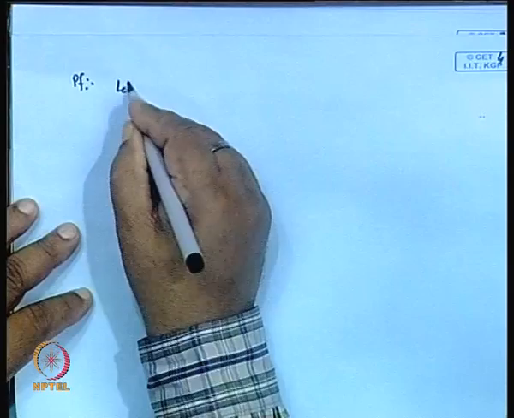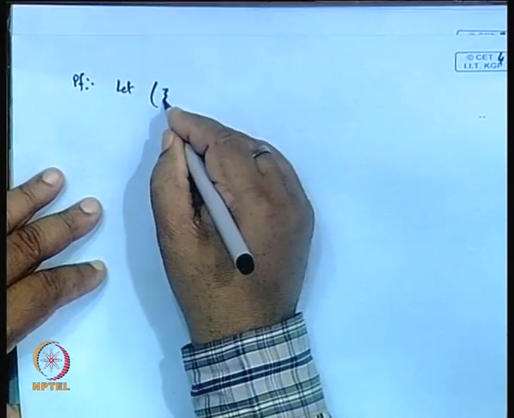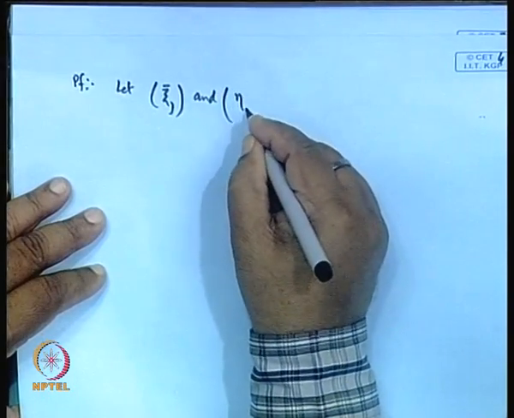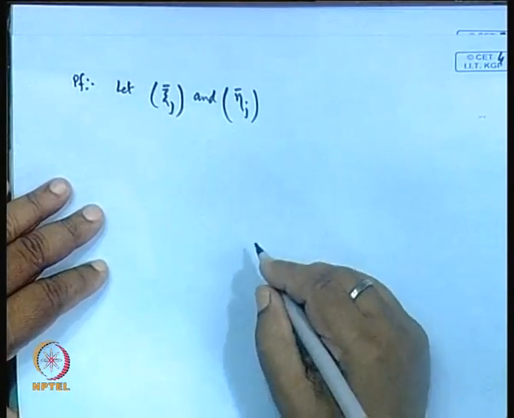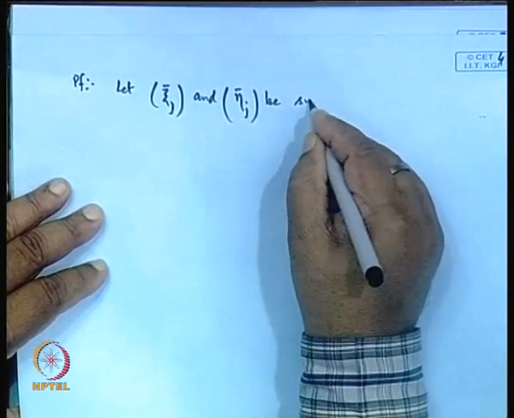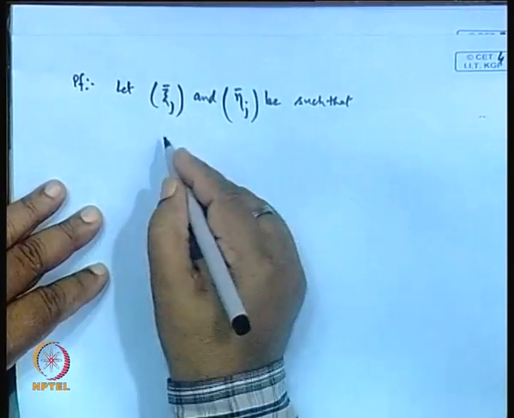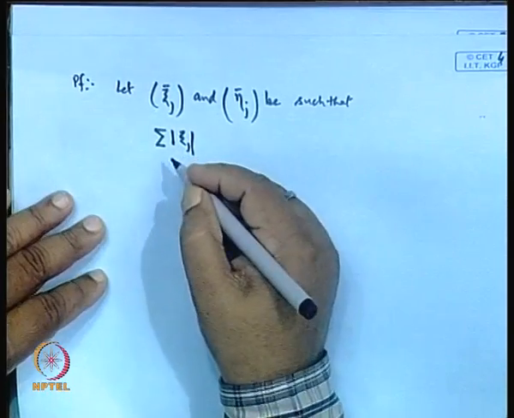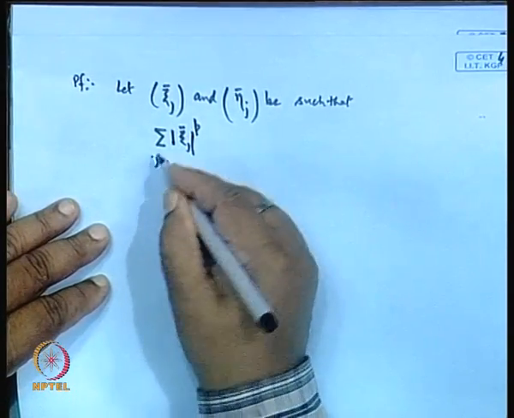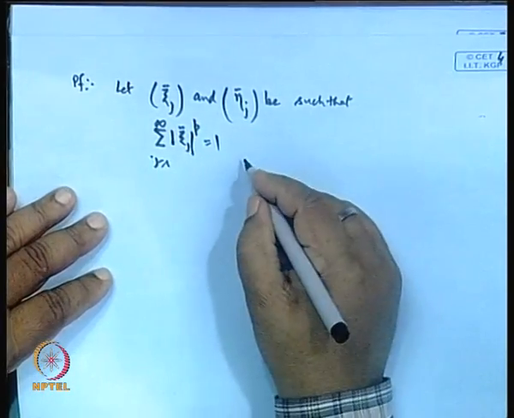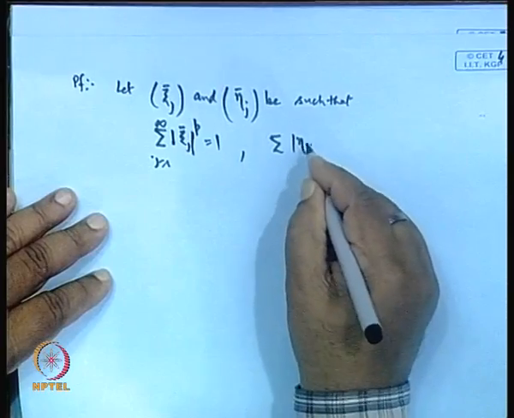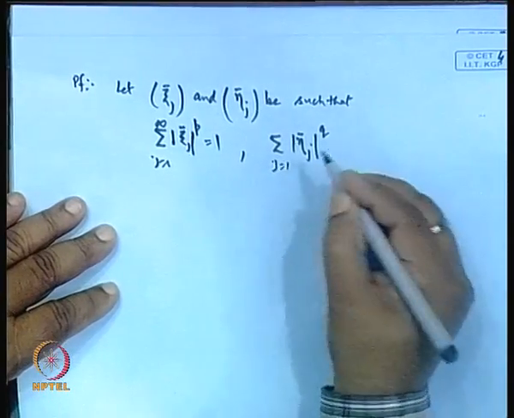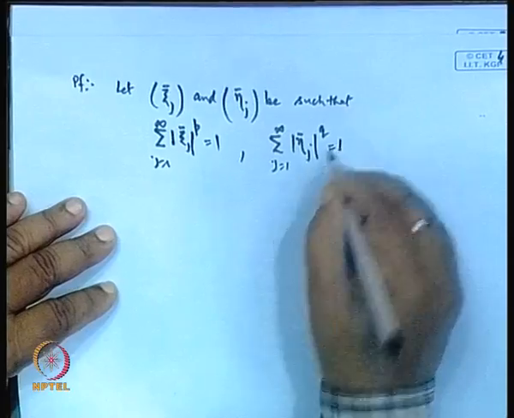So, let us start. Let xi j bar and eta j bar be the two sequences such that the sum of mod xi j bar to the power p, j from 1 to infinity, is 1, and the sum of mod eta j bar to the power q, j from 1 to infinity, is say 1.